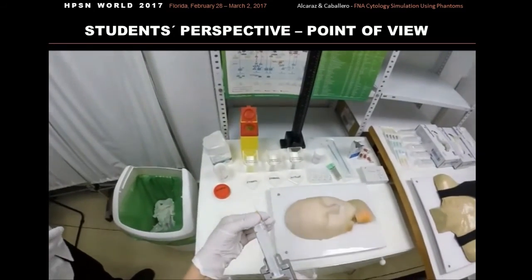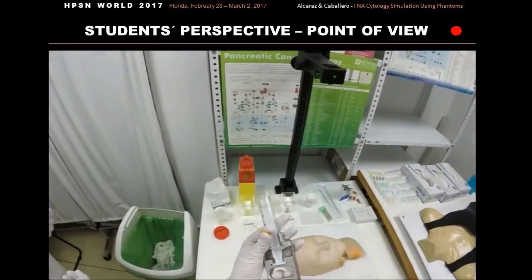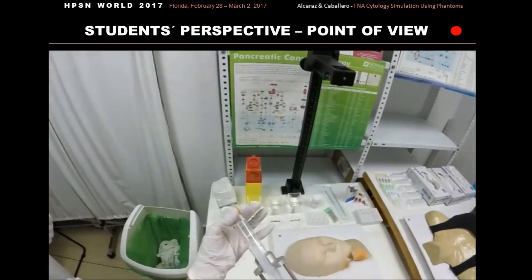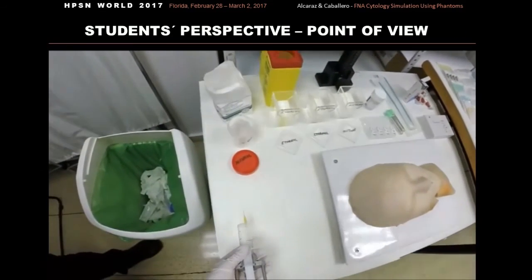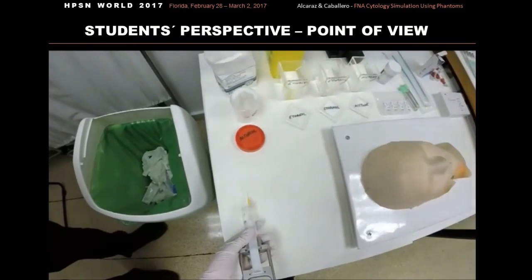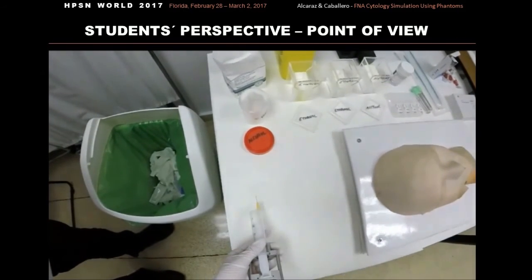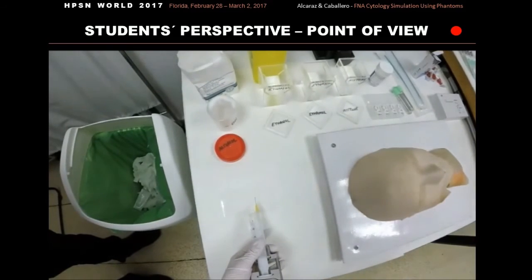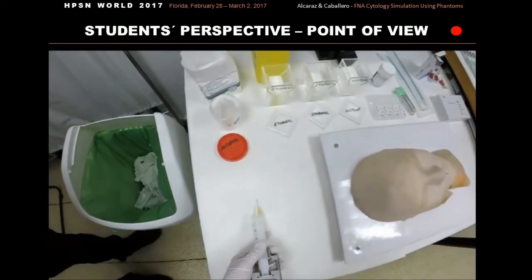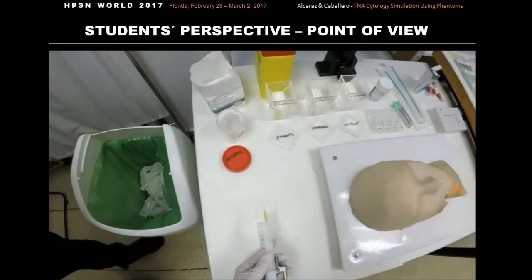Now, to prepare the smears, the needle is removed from the syringe, and the syringe is filled with air. By reattaching the needle and pushing this air, a small drop of aspirated material is expelled onto the slides. It's difficult to see because it's white. They have now to learn the proper amount of pressure they have to perform between the slides.